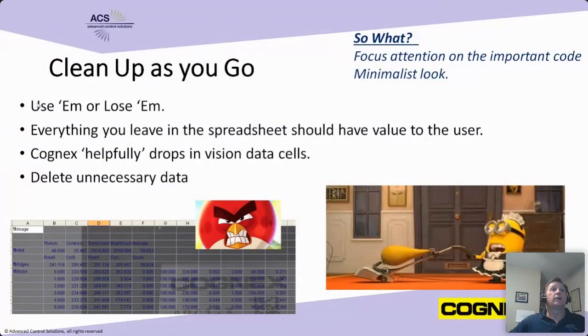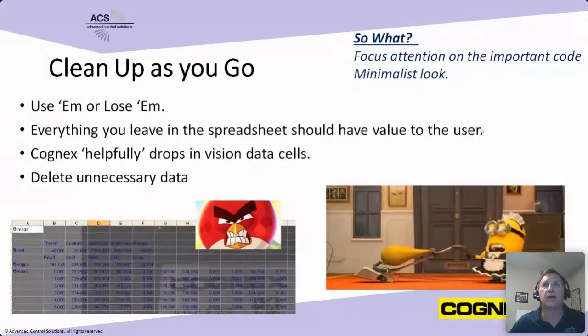So in a concept of use it or lose it, if it's not valuable to people, get rid of the code. From history and from trying to troubleshoot people's code in there, you start looking at stuff and cells might have errors in there. They might have values in there that don't make any sense. And just looking at the sheer number of cells in there, it helps the next guy when you can show them, here's what's going on.